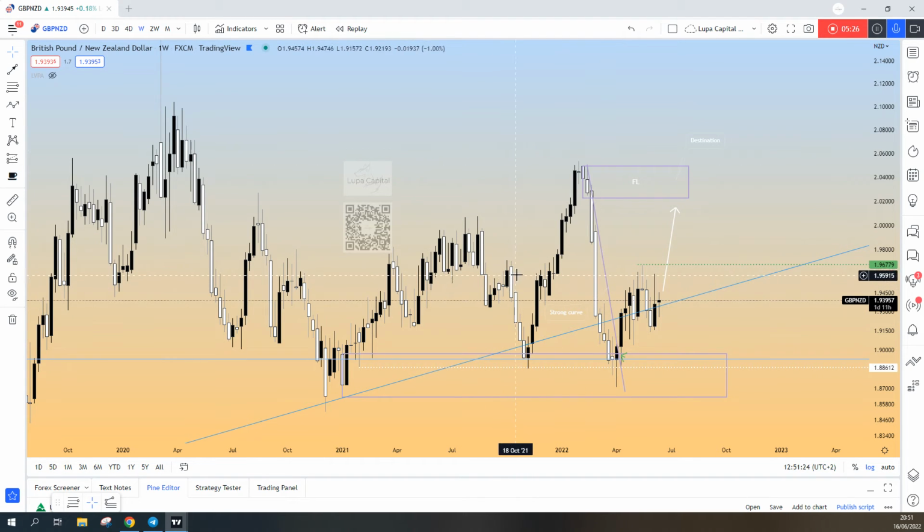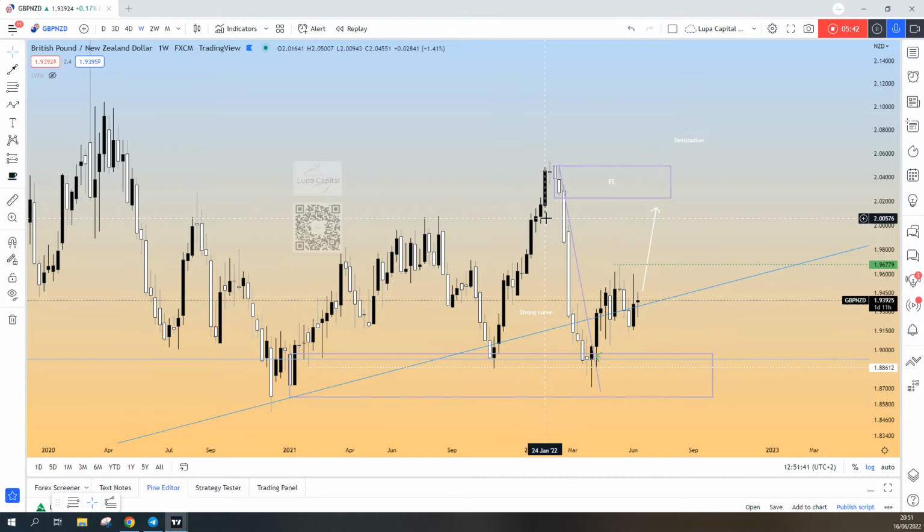Now you can look at your Fibonacci extensions here, taken from the low up to here as a 0, reverts back to, let's say, the 0.382 Fibonacci level, and then extends as an overextended pathway. I did look at that opportunity in the past, but did not really take it.